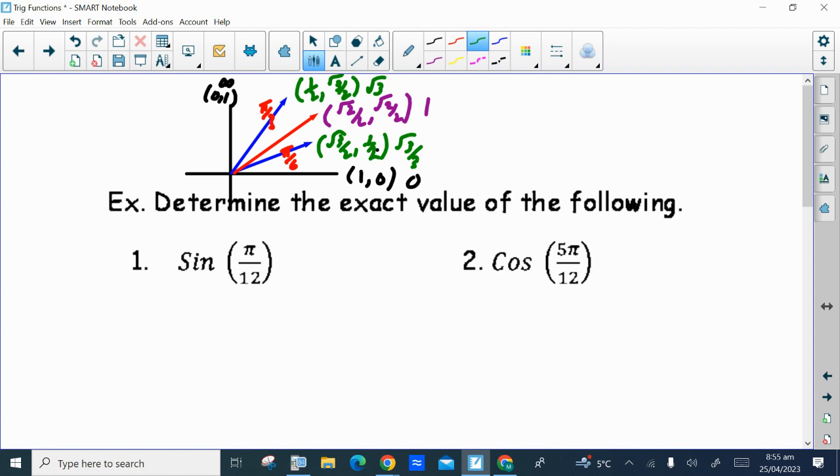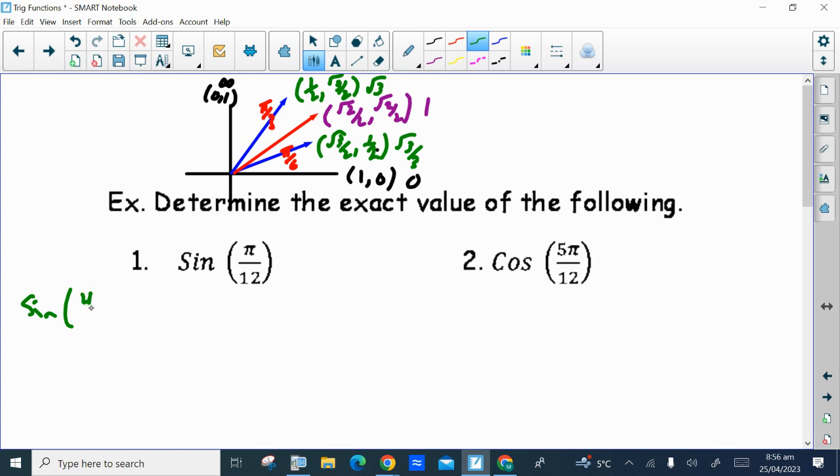So we need to find two angles that either add or subtract. In this case, it has to be subtract because it's 1 pi on 12. Two angles that subtract to get pi on 12, and both of those angles must be on the unit circle. So there'll be, in some cases, a couple different sets of angles that will work.